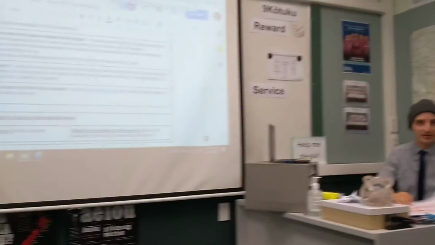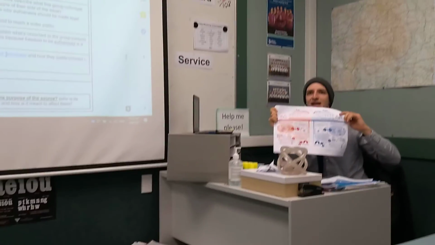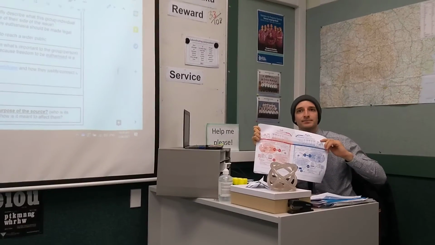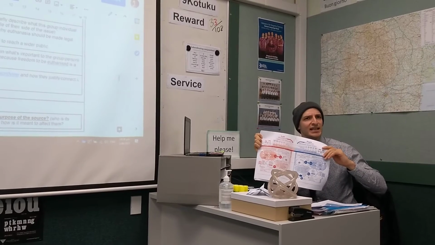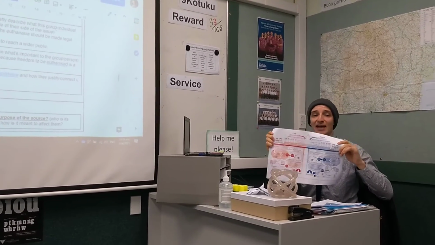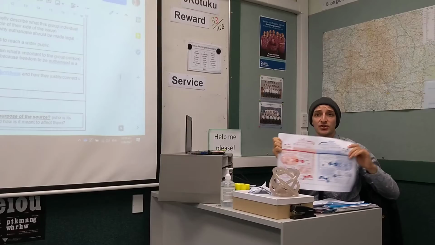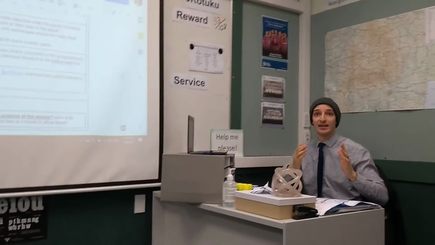Now, what do you think this guy is? Where do you think he falls if he's wanting to make this change in society? Freedom. So he's more towards freedom. He's actually advocating for individuals making their own decisions. Therefore, that's the liberal side of things.